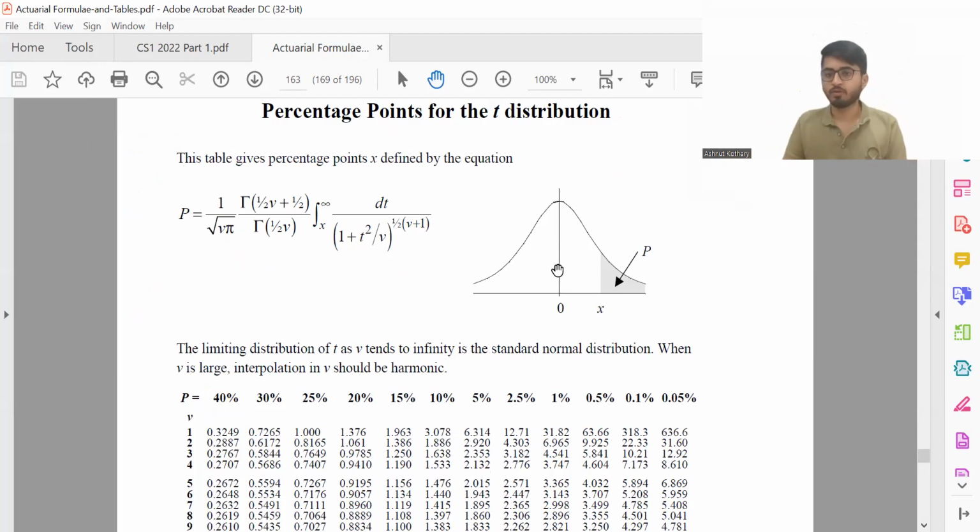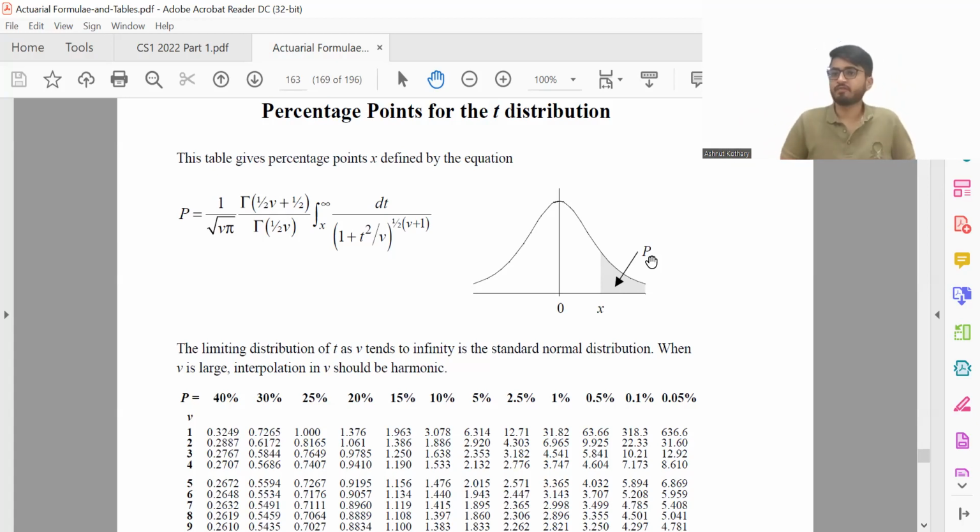Just keep one thing in mind. If you take a look at the graph, this is the highlighted area which they have represented as P, and x is the point to the right of which the area is nothing but P. So from this also you can understand what quantities exactly they are giving us. So whenever you need to calculate probabilities for a T distribution, you need to use basically page number 163.